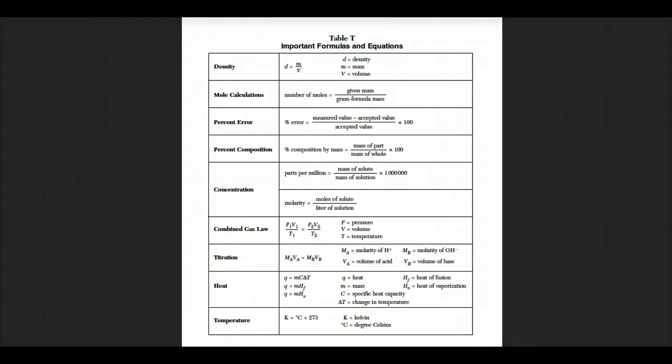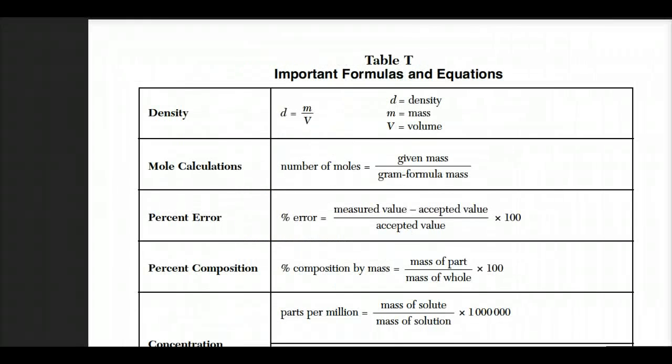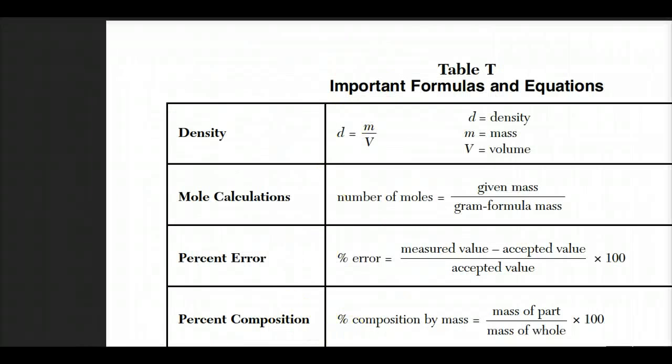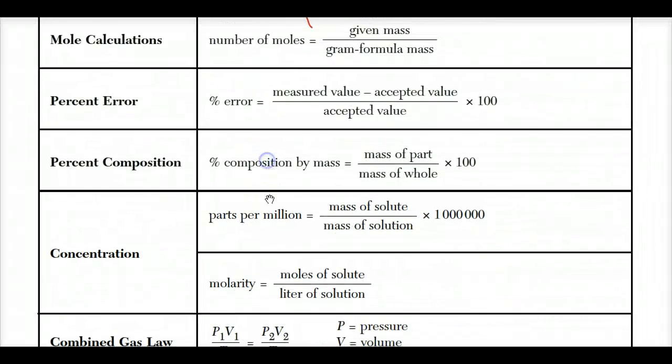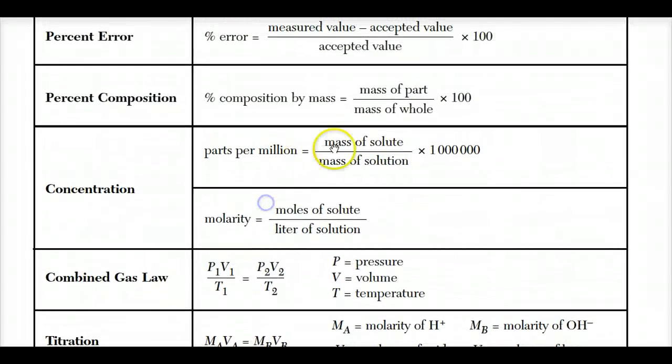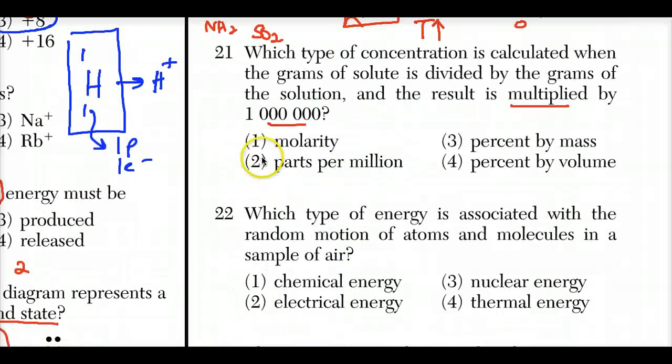Okay, here is Table T, and we're going to zoom in here, and we're going to look for our concentration formulas. Mass of solute over mass of solution times 1,000,000. That 1,000,000 kind of sticks out, and there it is, parts per million. There's your molarity. So then you identify parts per million. There it is.